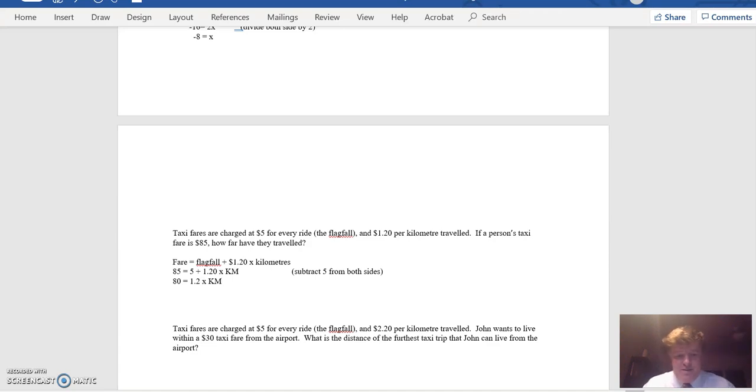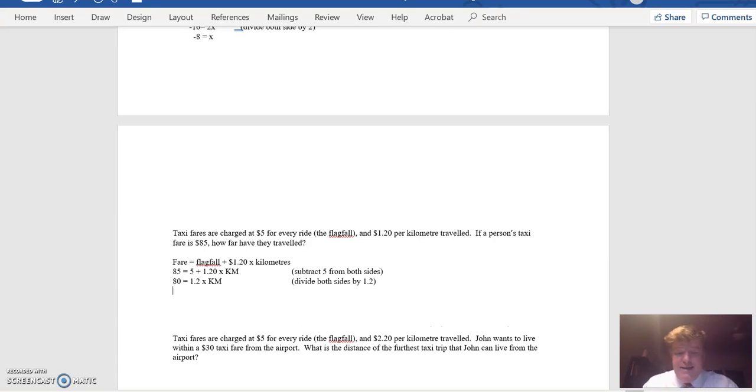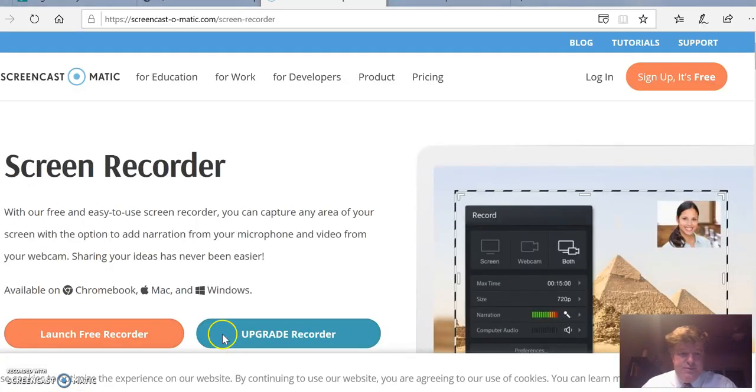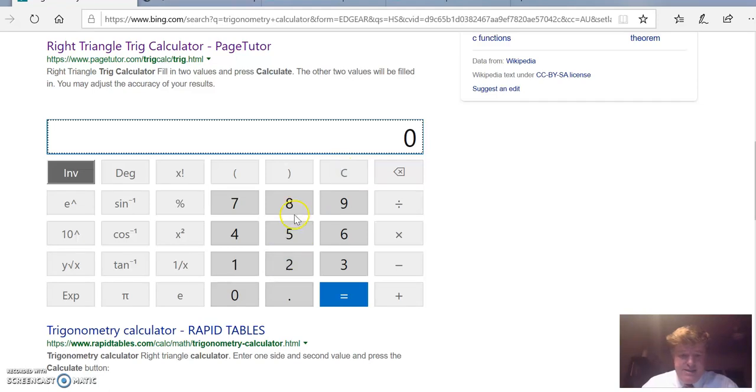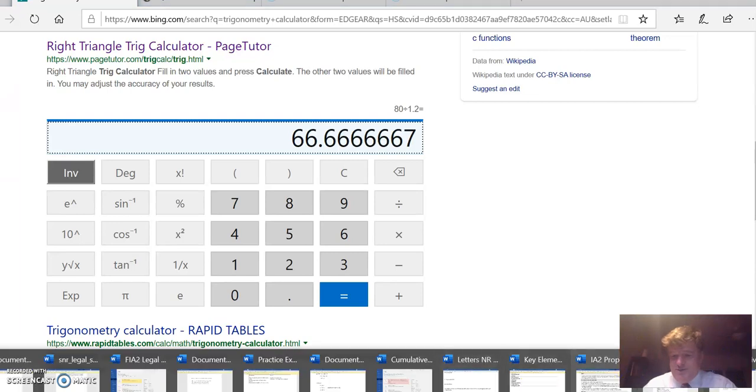If we divide both sides by 1.2, so 80 divided by 1.2, let's go to the calculator, 80 divided by 1.2 equals 66.67 to 2 decimal places.